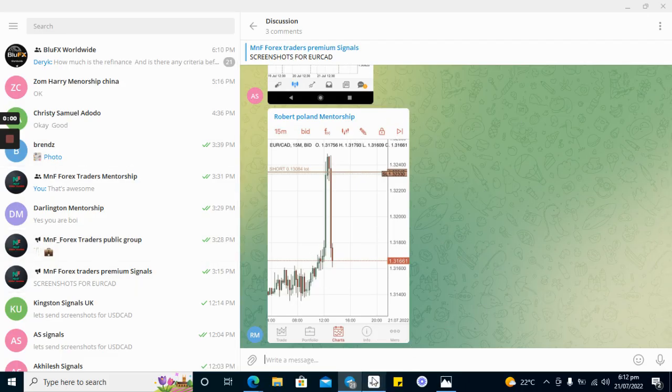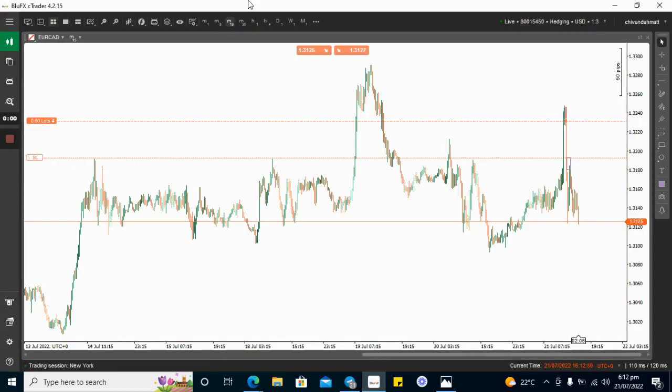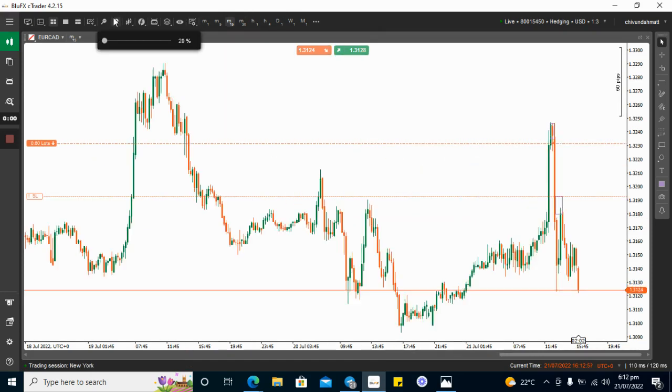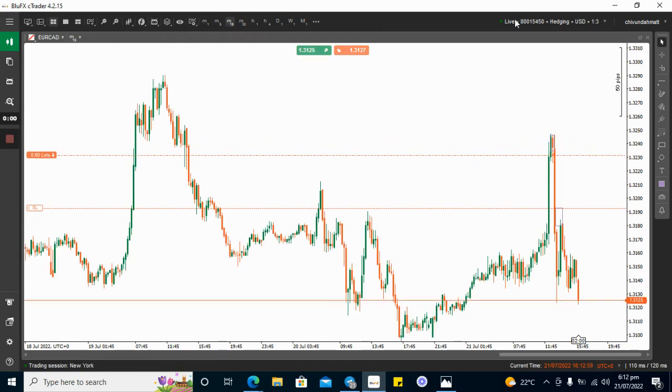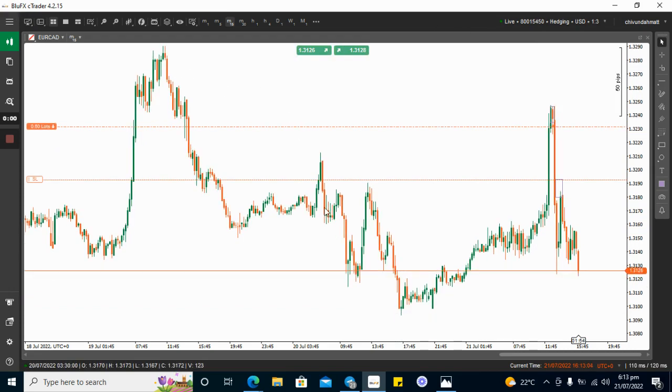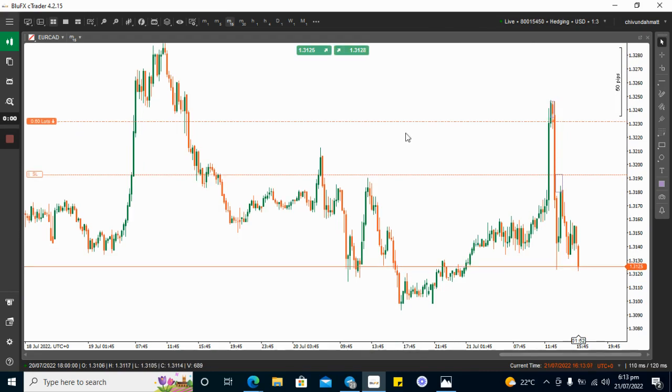And myself, I was also able to take this particular trade. You can see this is like I showed yesterday. This is my real account with BlueFX, a live account with BlueFX. This is a live trade. You can see my entry was right there, and you see where my stop loss is.